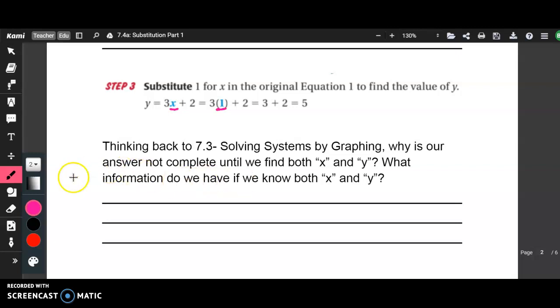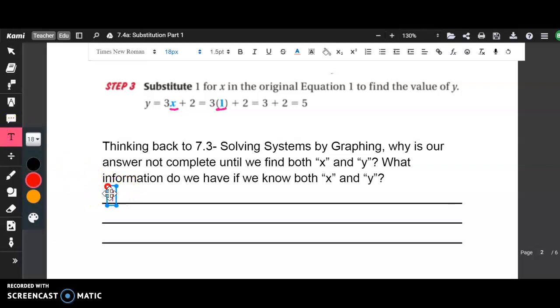When we found that intersection point, we got an ordered pair, or a pair of coordinates. So it's important to find both x and y because then we would have a coordinate of where the 2 lines cross.